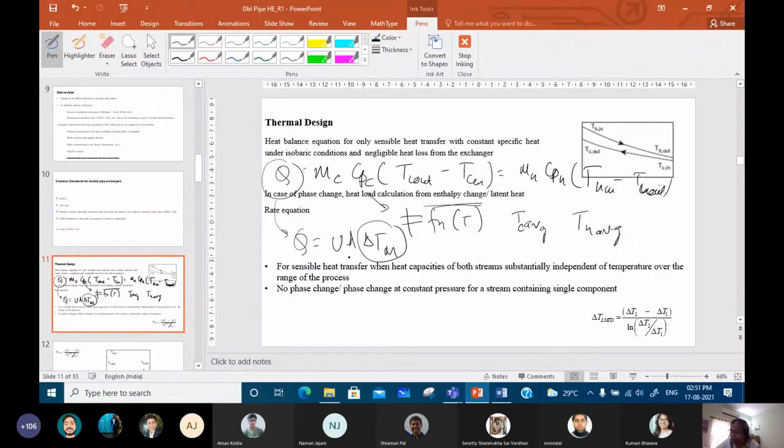Our target is to find out this particular A. So in order to find out A, we need to have some idea about the delta T effective and some idea regarding the U. I believe you have an idea over both of these, so we'll just discuss how to estimate these things so that you can go ahead. For this equation, you already know the assumptions, but I have written them down so that you can have a recap of what you have already studied.